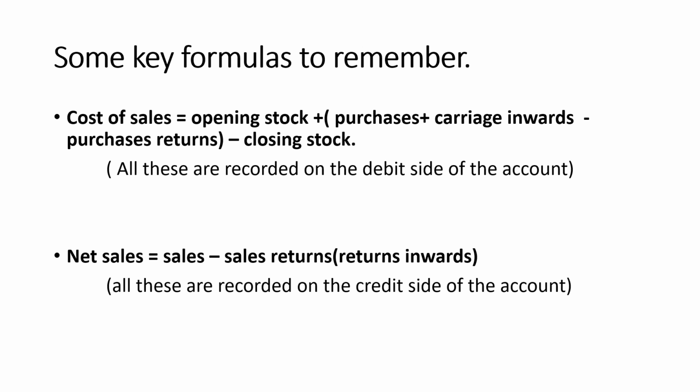Now, the bracketed part gives us the net purchases. You will find that some books will give the cost of sales as the opening stock plus the net purchases less the closing stock.